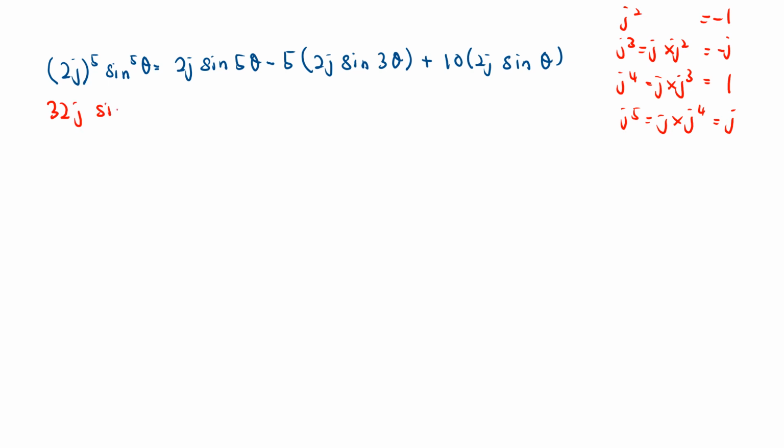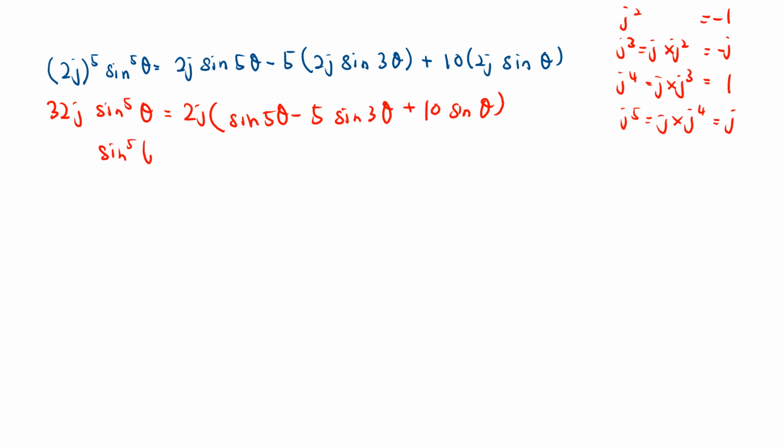Sine power of 5 theta equals, you factorize 2j, 2j times (sine 5 theta minus 5 sine 3 theta plus 10 sine theta). So 2j divided by 32j, here you leave sine power of 5 theta on the left side, so you bring 32j to the right side.